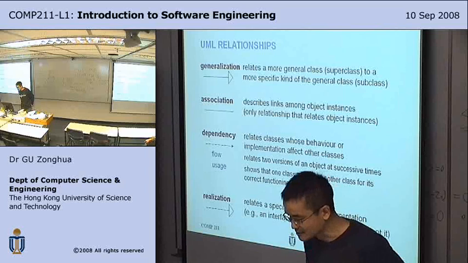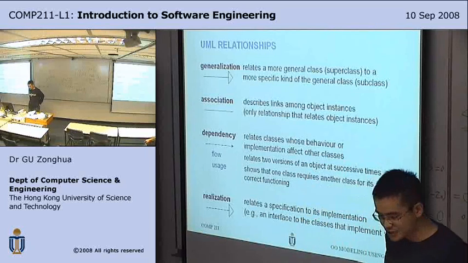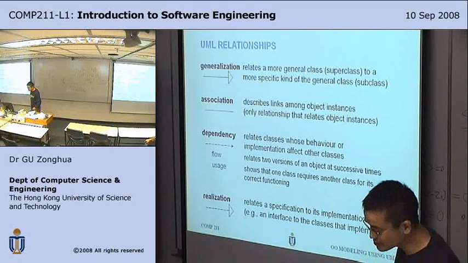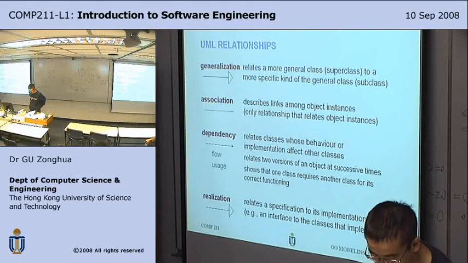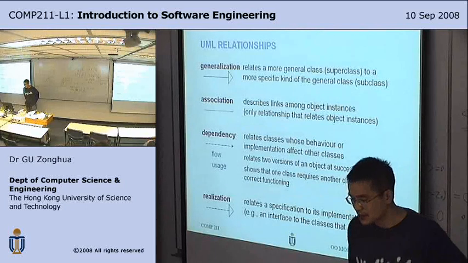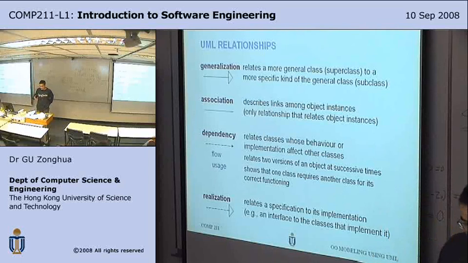And dependency relates classes whose behavior or implementation affect other classes. For example, it can relate two versions of the same object at successive times. That is, as time goes on, an object's version may change.